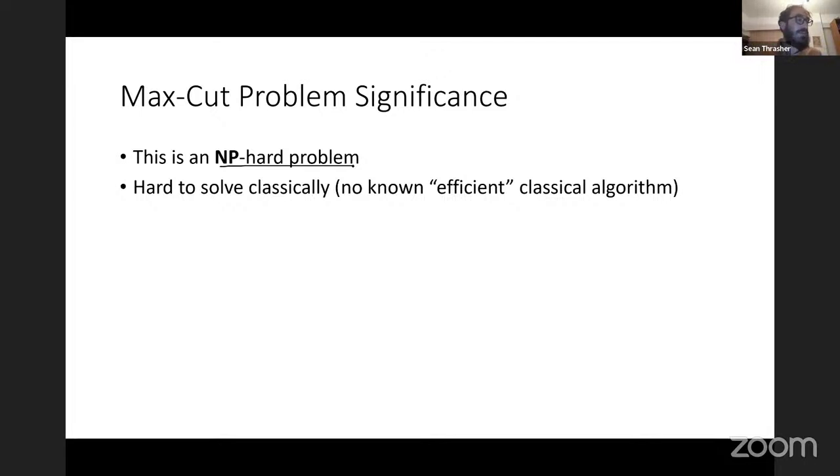But the hope is that it can give us a more optimal sort of overhead. It could still possibly solve it faster. An NP-hard problem refers to the fact that it's easy to check whether the solution that you've proposed is correct or not, but it's not necessarily easy to solve it as far as we know.